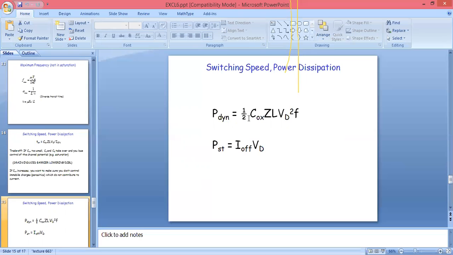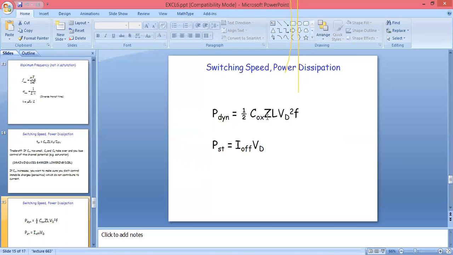Meaning, if you see static power dissipation, we will get it when the circuit is in the off condition. It means there is a leakage current and the subthreshold current. This leakage current will flow from subthreshold, gate oxide leakage and reverse bias diode.